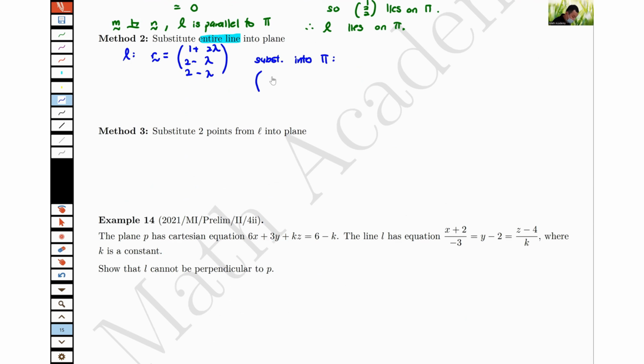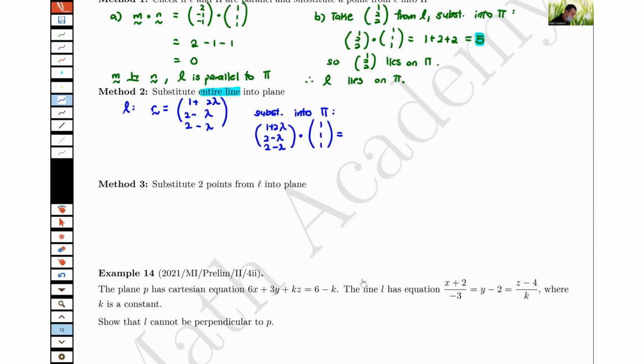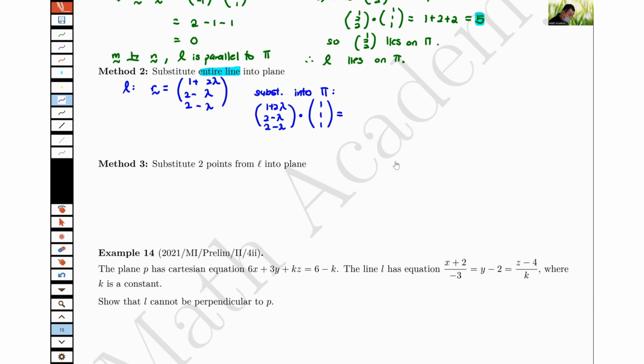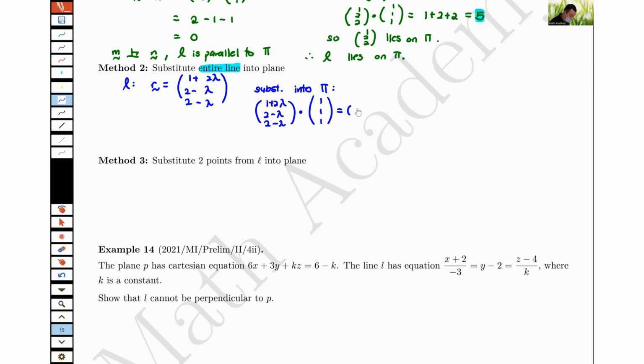So we take this vector dot the plane's equation, which is 1, 1, 1 for the normal. I'm trying to put into this R, by the way. I want to replace here. And you work out the values, work out the dot product.